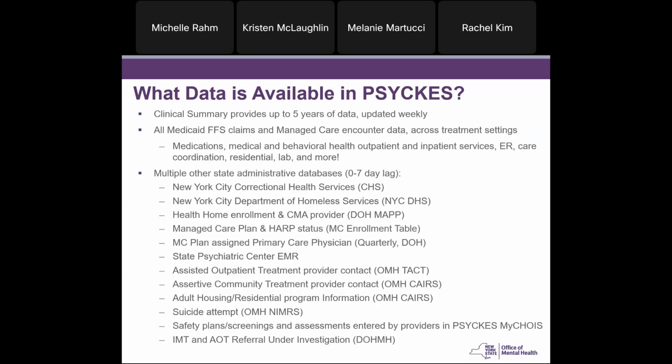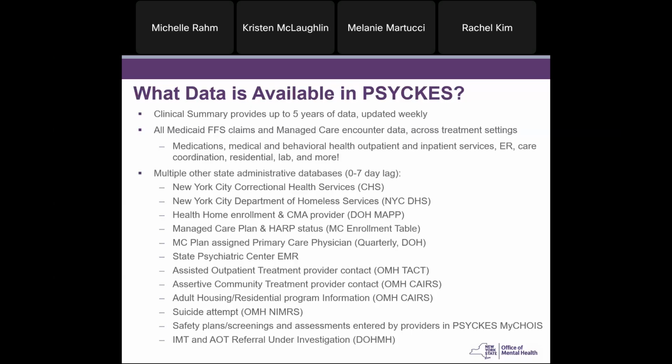And then we also have New York City Department of Homeless Services, and this provides us with the shelter name, the program type and placement date, the exit date and exit reason, and along with that, we also get the shelter director contact information. Now, something that is quite useful to a lot of our users is the health home enrollment and care management provider information, and we're getting that from DOH MAP.